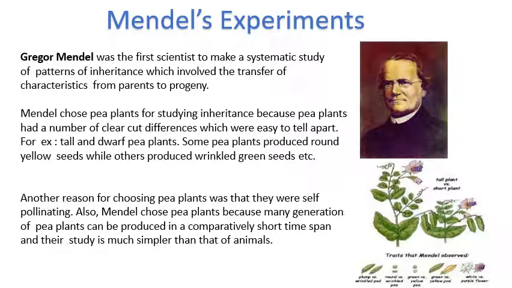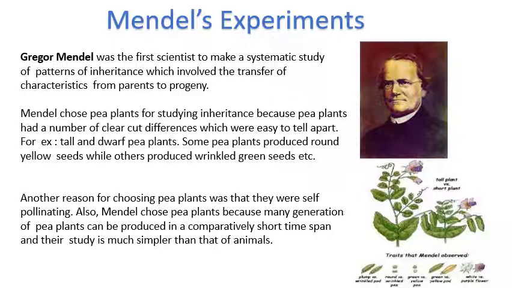Mendel's experiments. Gregor Mendel was the first scientist to make a systematic study of the pattern of inheritance, which involved the transfer of characteristics from parents to progeny generations. Mendel chose pea plants for studying inheritance because pea plants had a number of clear-cut differences which were easy to tell apart.